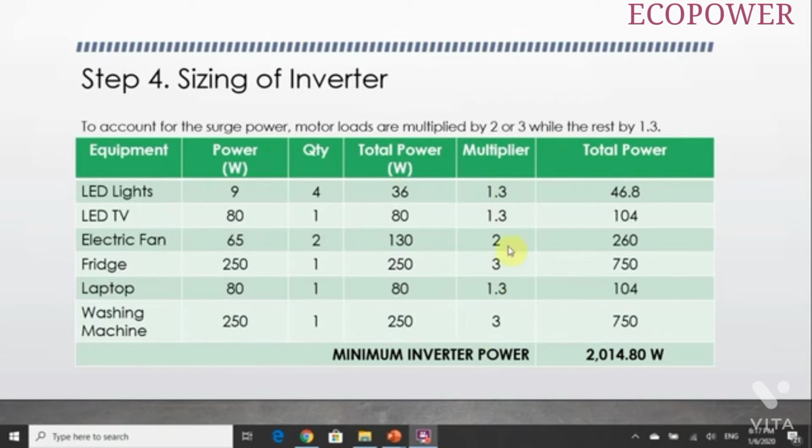Next, we multiply the total power by the multiplier. So we have a total power here considering the surge power. We sum this all up, and this will now be the minimum power rating of our off-grid inverter.